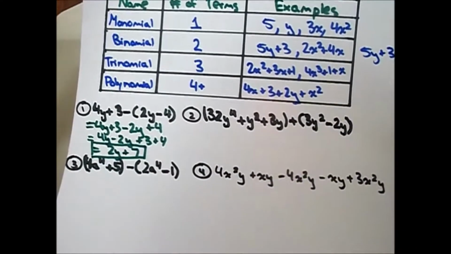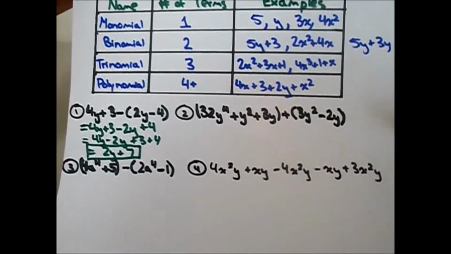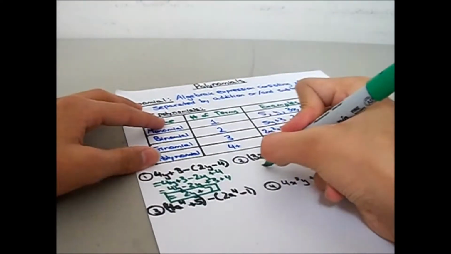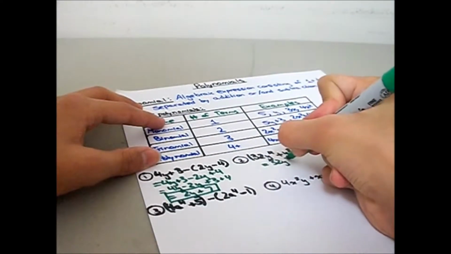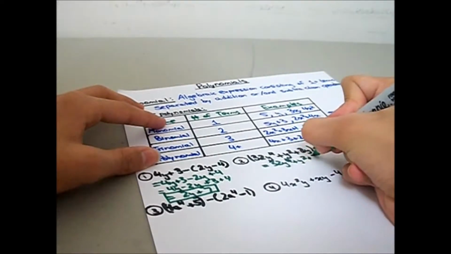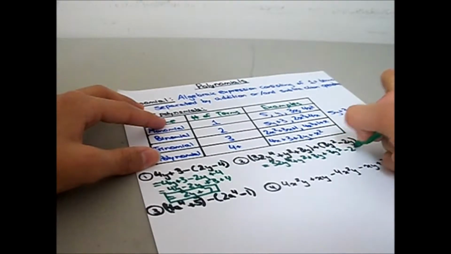Yep. Second question, 32y to the power 4 plus y squared plus 3y plus, in brackets, 3y squared minus 2y. Open up the brackets once more, and we have 32y to the power 4 plus y squared plus 3y plus 3y squared minus 2y.